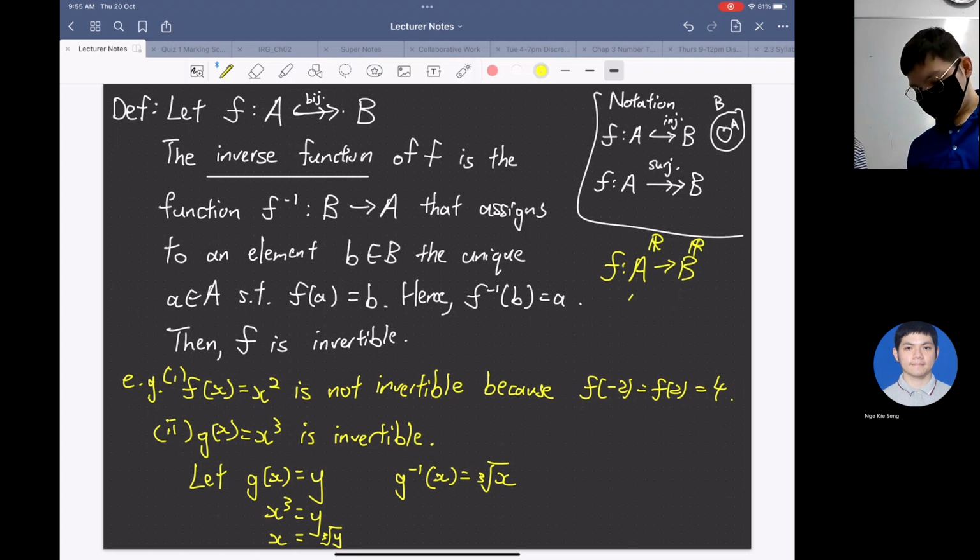This side is called the domain. This side is called the codomain. The y here lives in the codomain.